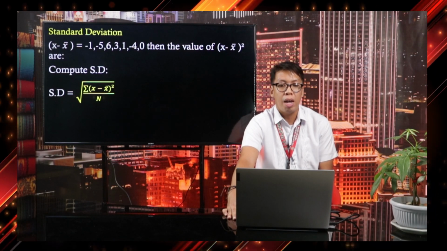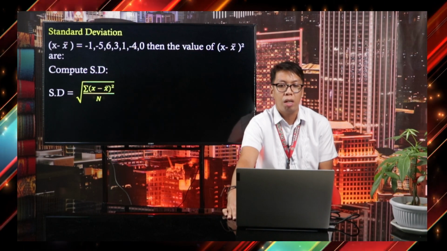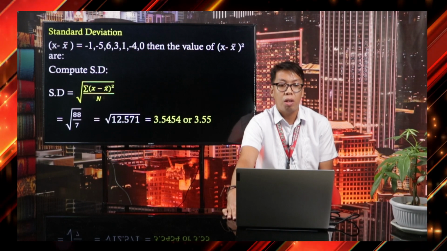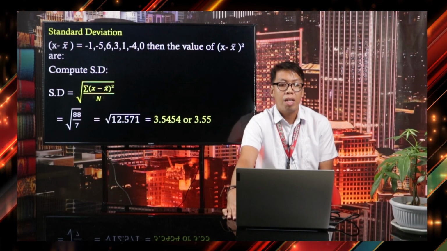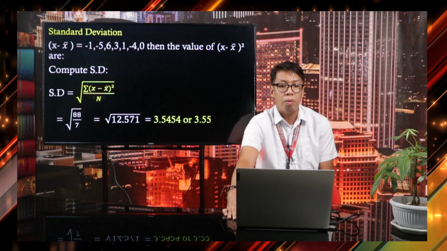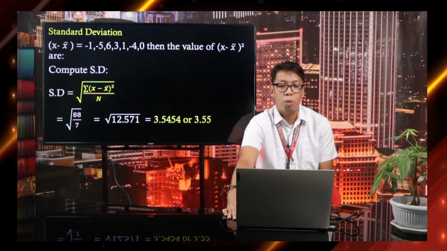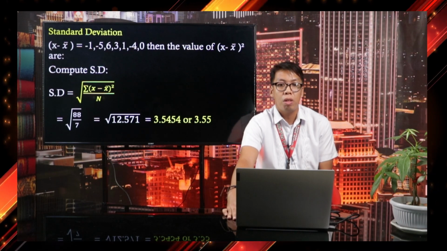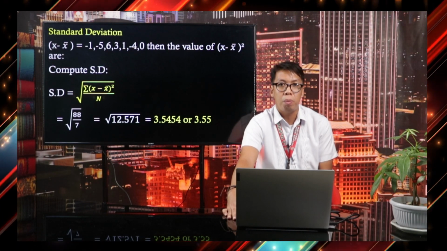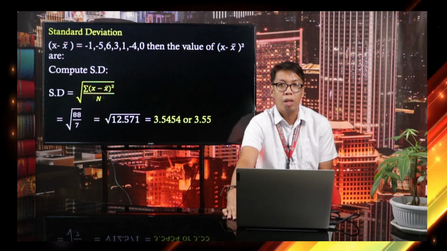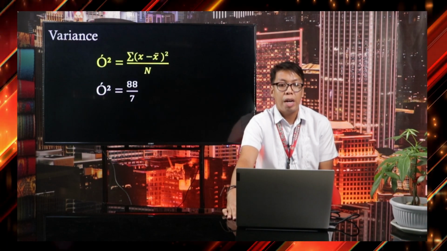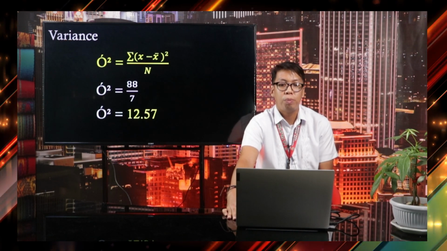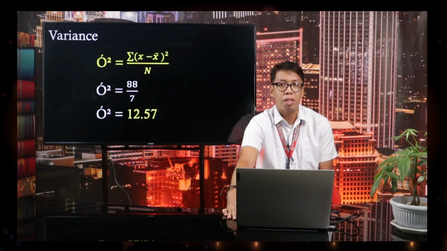Then the value of x minus mean squared, to compute the standard deviation, we have the square root of 88 over 7, which is equal to the square root of 12.571, or simply 3.54 or 3.55. For the variance, we have 88 over 7, which is equal to 12.57.